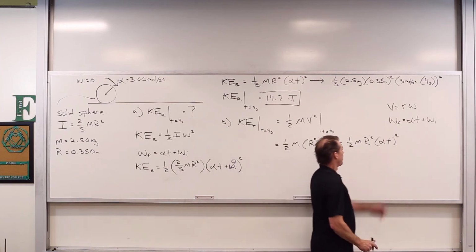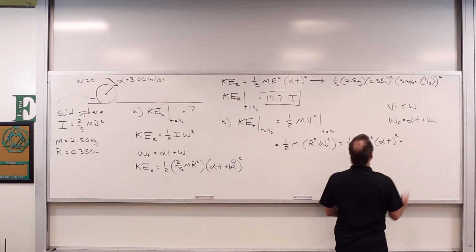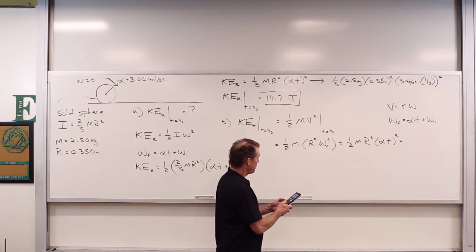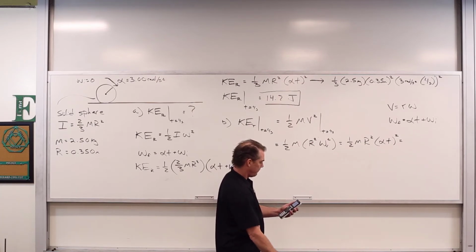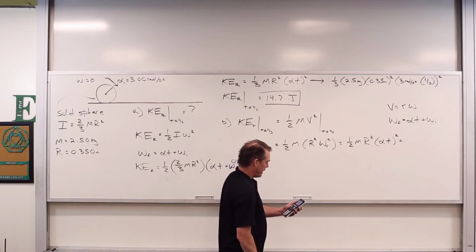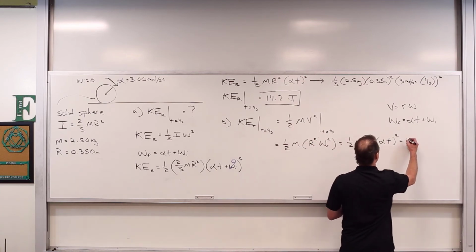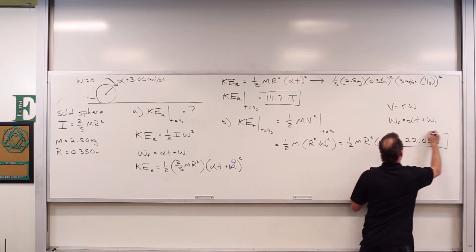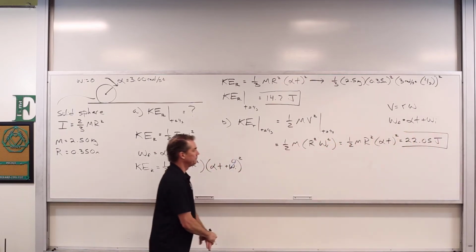So again, alpha is just 3 radians per second squared. t is equal to 4 seconds. And we get ourselves 0.5 times 2.5 times 0.35 squared times 9 times 16. And we get ourselves 22.05. 22.05 joules of translational kinetic energy.